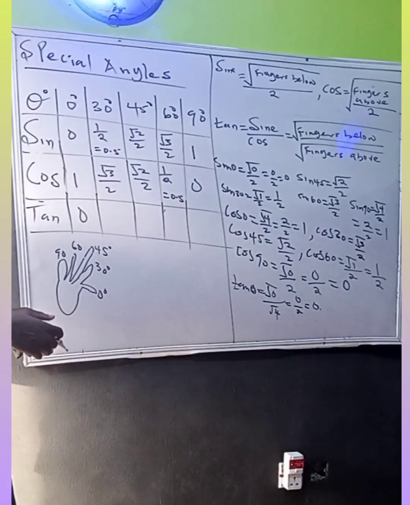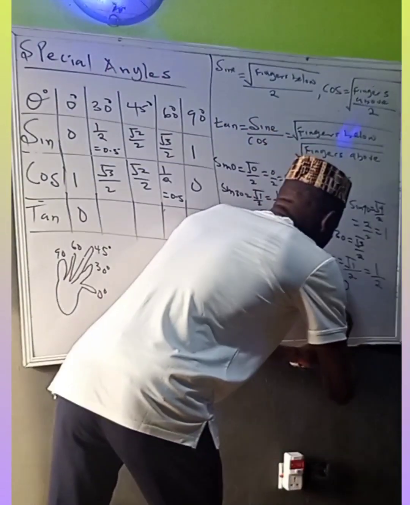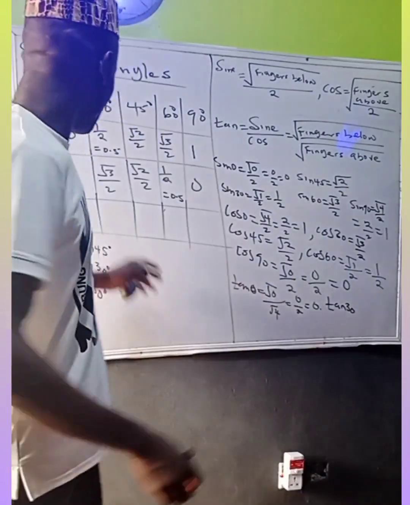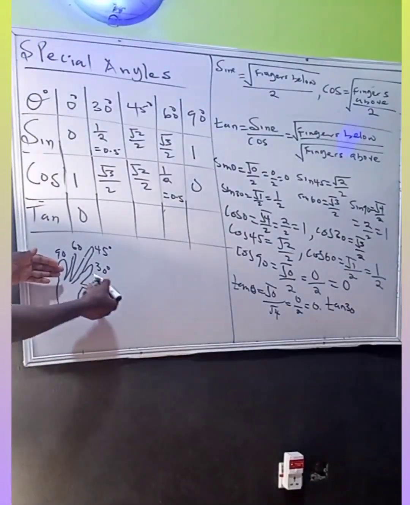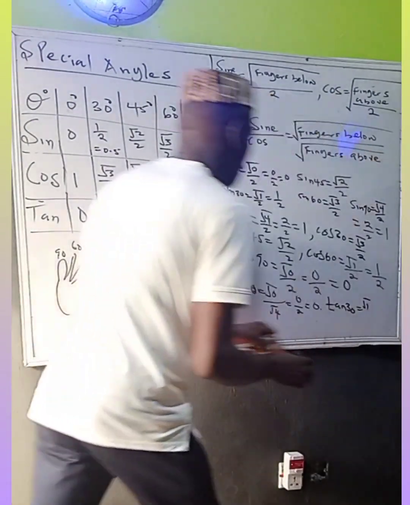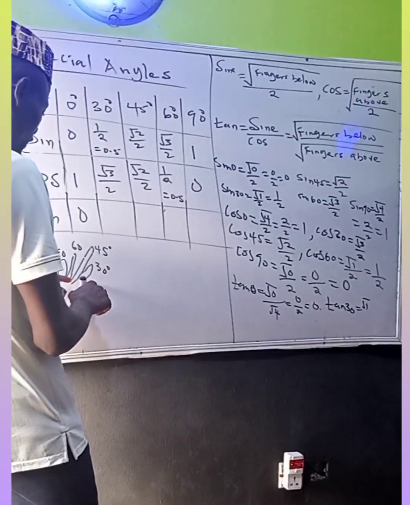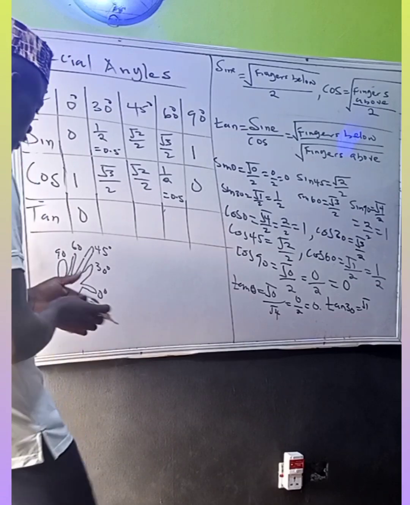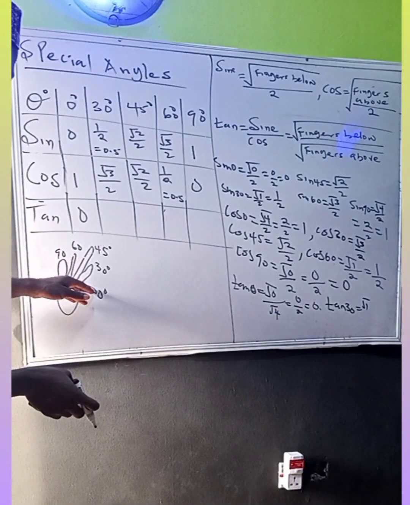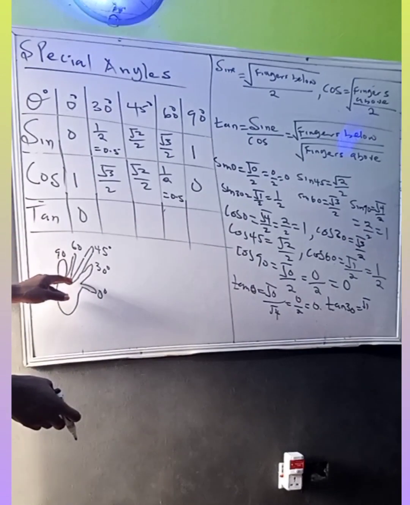Then we move to tan 30. Tan 30 becomes, how many fingers do we have below 30? We have 1. So we're going to have square root of 1. Then, how many fingers do we have above 30?